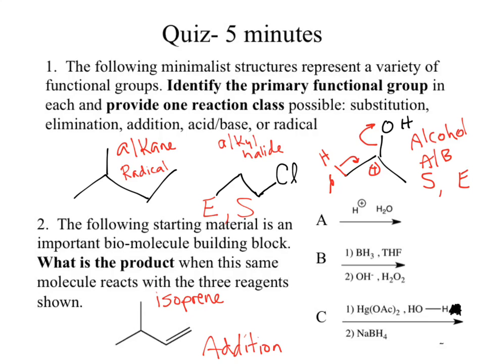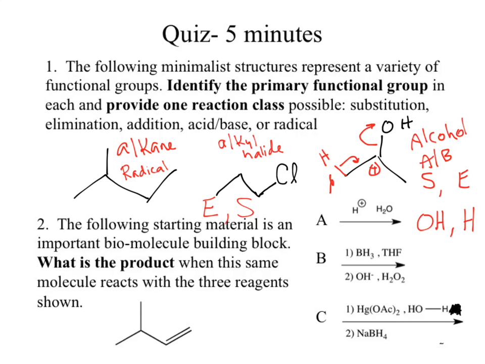What are we adding in each of these cases? Adding an OH and an H. All three cases. Okay, we're adding both of those things. Let's see if I can do this with color coding.